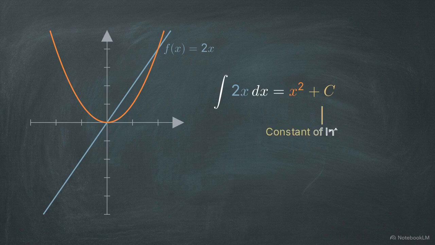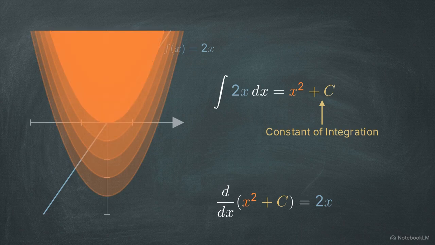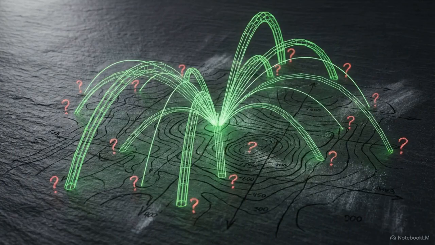That c represents the constant of integration. Because the derivative of any constant is 0, there are infinitely many starting positions that could yield our original function. This constant generates a complete family of parallel parabolas shifting along the y-axis. We use this indefinite general form to build theoretical models of systems where the exact starting conditions remain unknown.